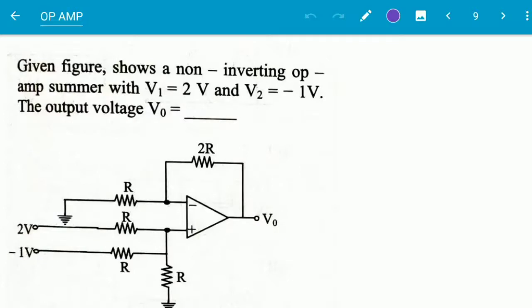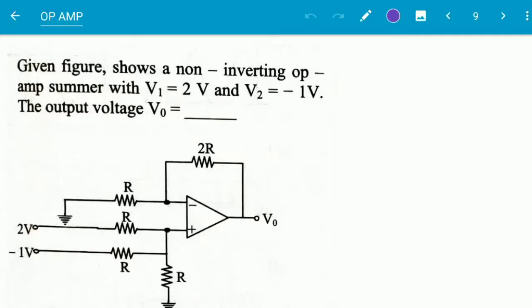The given figure shows a non-inverting op-amp and summer with V1 equal to 2 volt and V2 equal to minus 1 volt. The output voltage V0 will be dash. This is one of the great questions.